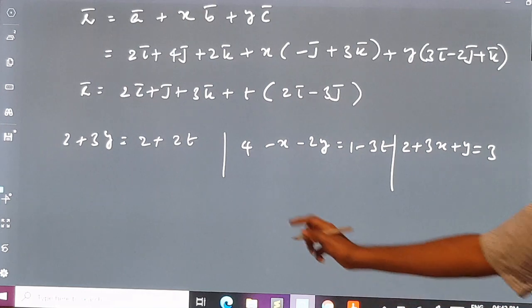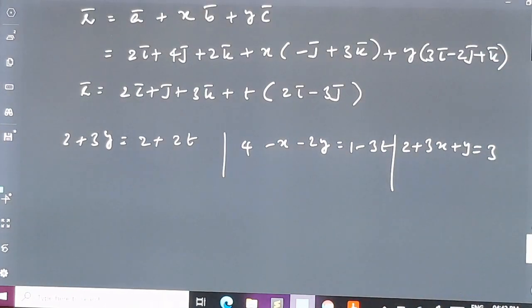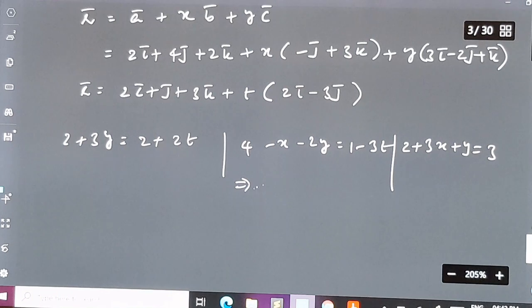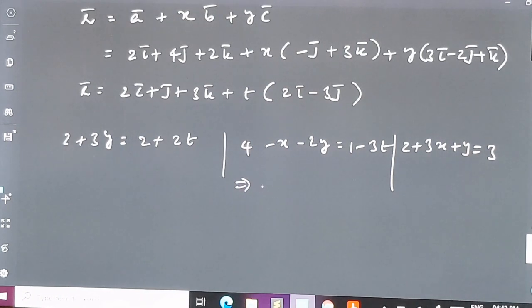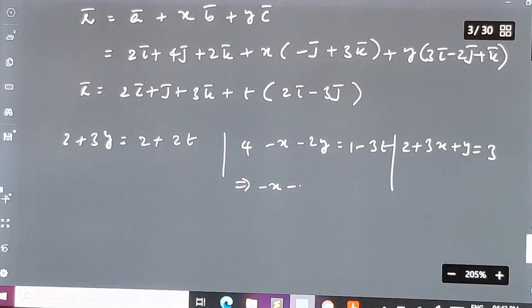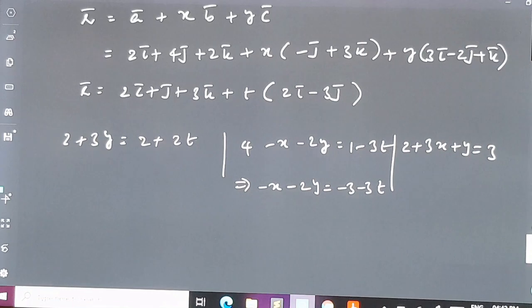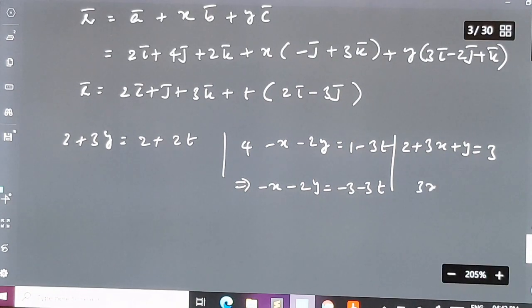So multiplying this by 3, let me rewrite this equation one more time. This is minus x minus 2y is equal to minus 3 minus 3t. And rewriting this equation also, I have 3x plus y is equal to 1.